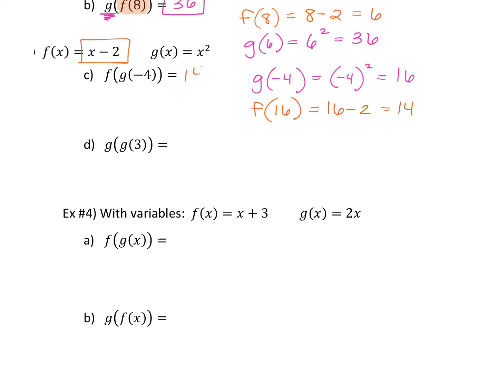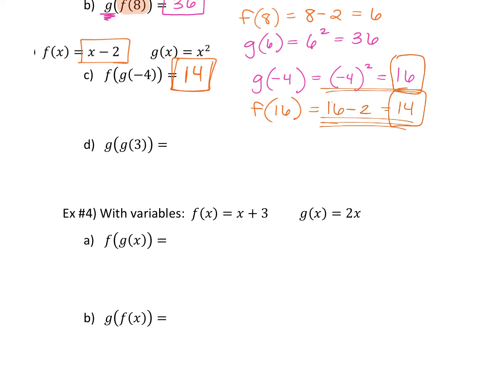So f of g of negative 4 is 14. You do not need to box up both of your answers for me. I just need the final answer, but I do want to see the work that went into finding that final answer. Okay, so show me what you're doing on those.